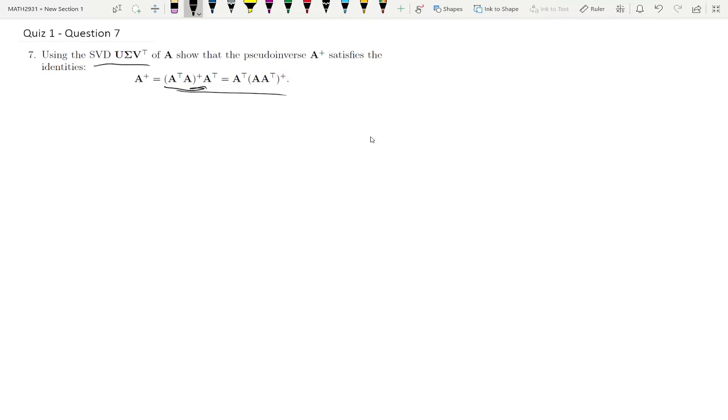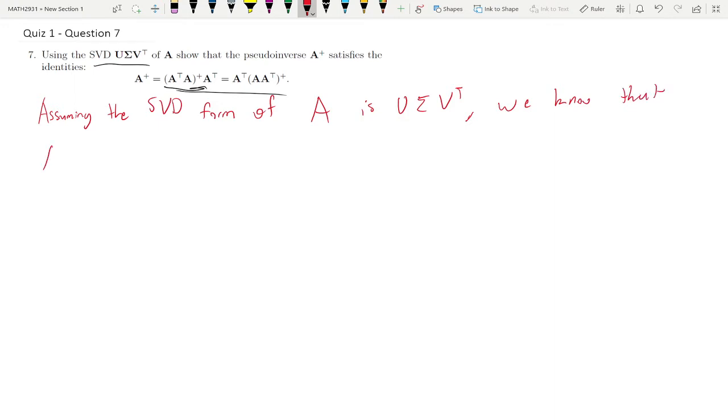And we will be using the SVD form. Right. So the first thing you should note is that, assuming the SVD form of A is U sigma V transpose, we know that the pseudo-inverse actually has the following SVD form, right?